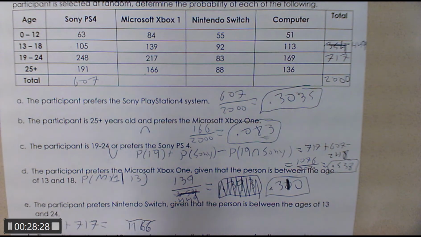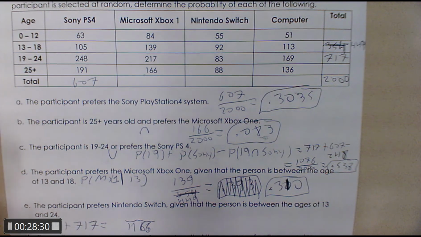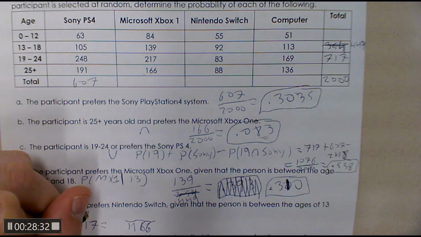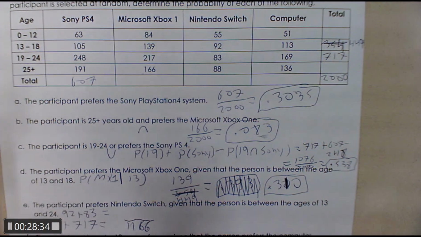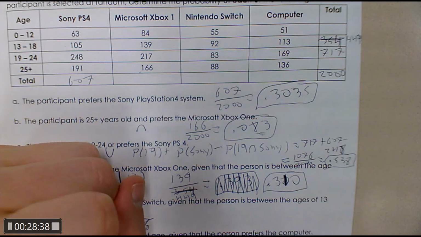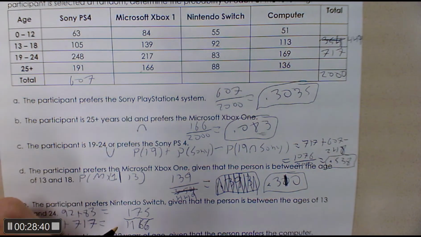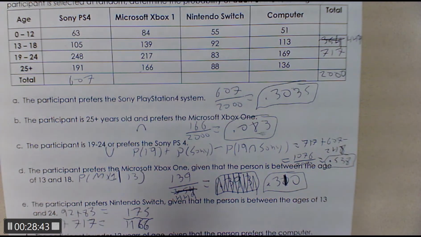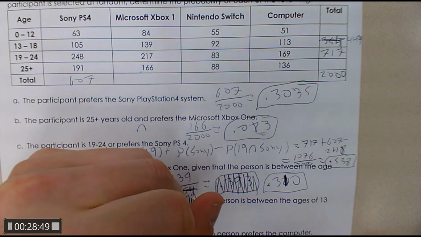Then I'm going to divide it by the number of Nintendo Switchers in that area, which would be 92 plus 83. Okay, 92 plus 83 is 175. And then this way, 175 divided by 1166 gives us our 0.150.